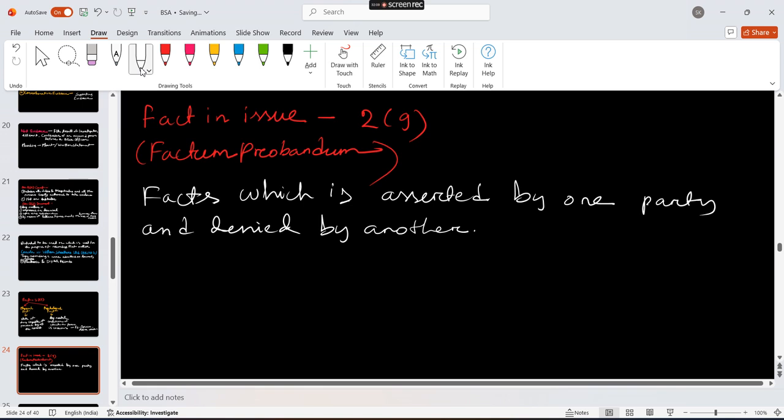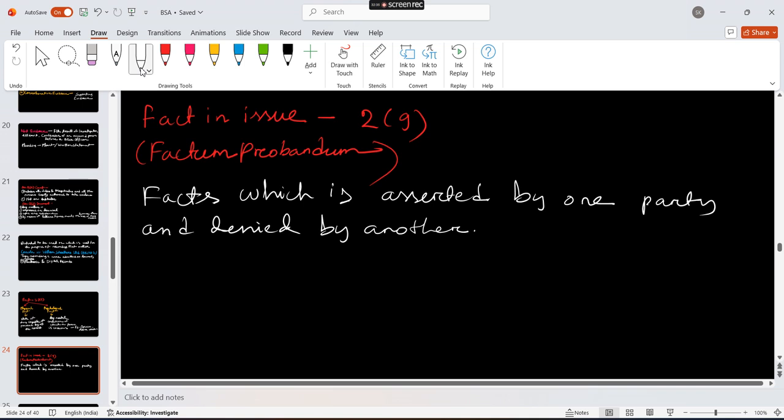Because these are the facts which the plaintiff in a civil matter, and the prosecutor in a criminal matter, needs to prove to win, and the facts which the accused or defendant denies to succeed in some defense.